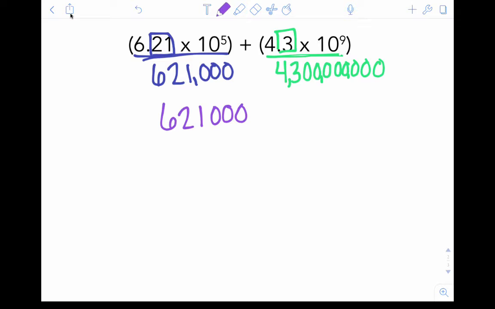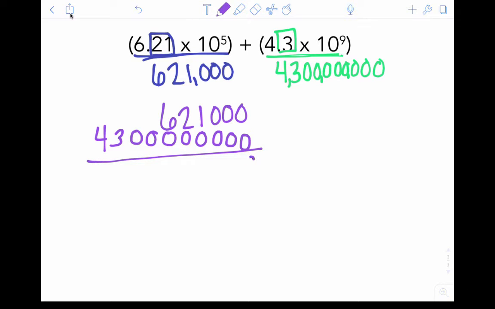So I'm going to write my other number this way to make sure my numbers all line up. And then I'm just going to add. 0 plus 0 is 0. 0, 0, 1, 2, 6, 0, 0, 3, 4.